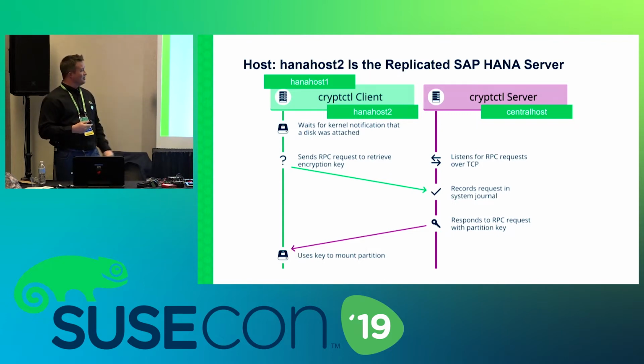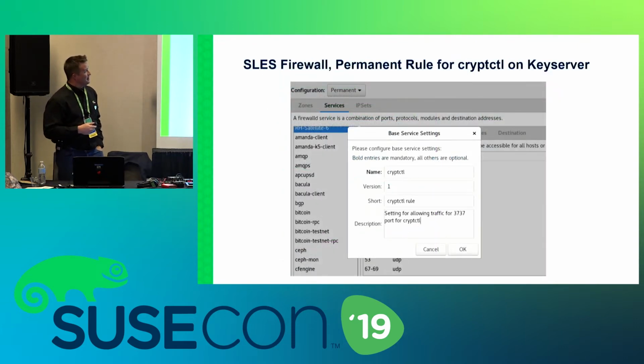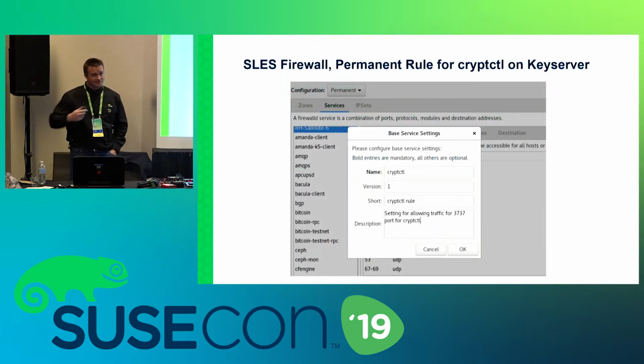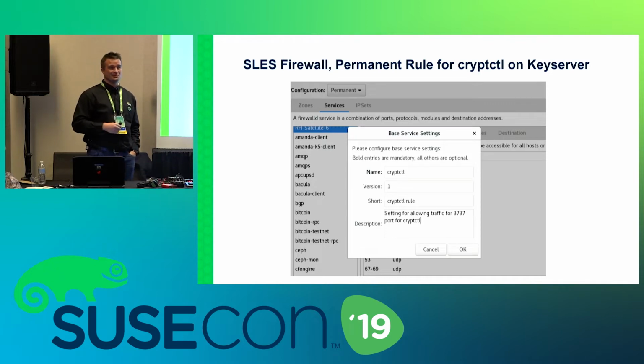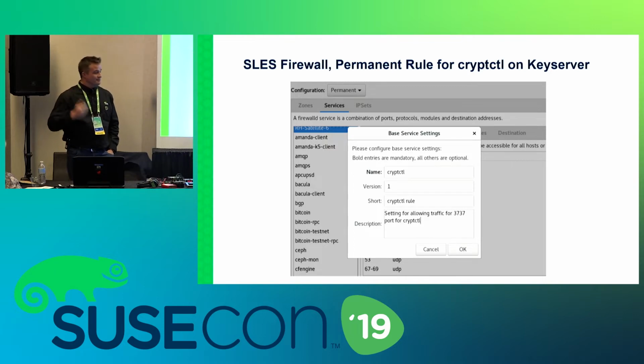So I'm going to run through the whole scenario soon of how we set it up. If you set up Crypt-CTL, of course, one of the key features that you need in any HANA or SAP-based environment is a firewall. You need to allow for this to work through the firewall. I just included it here to make sure that everyone understands firewalls are important.